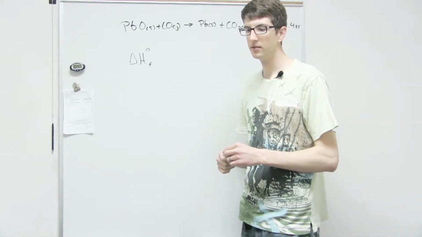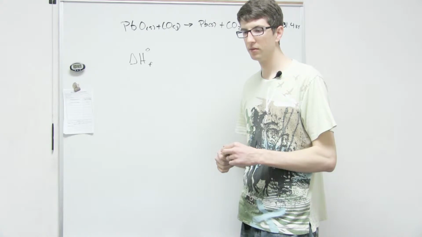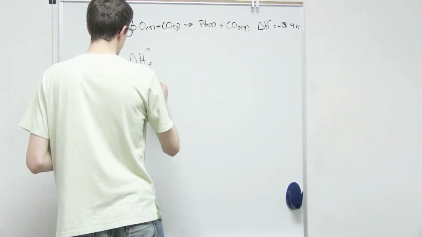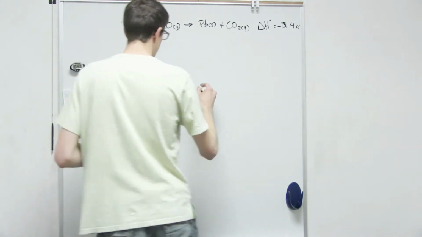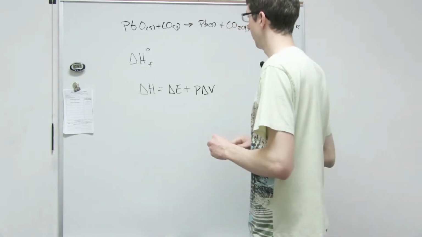Okay, so why I thought that the energy, because I have this little note right here, it says delta H equals delta E plus P delta V. Good. Delta H equals delta E plus P delta V, which I actually am glad you shared.